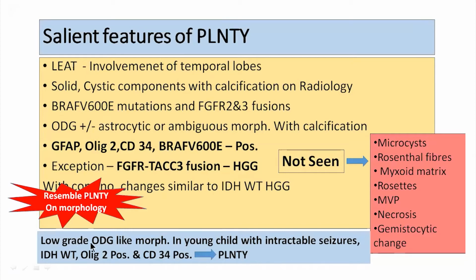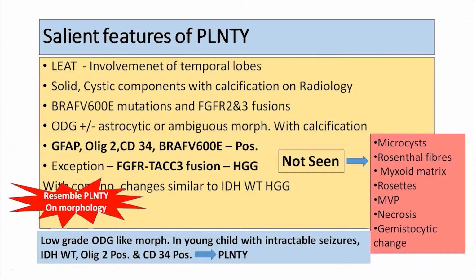Now the most important point, how to diagnose it. If we come across a tumor showing low-grade oligodendroglioma-like morphology in a young child who presented with intractable seizures, and the tumor is IDH wild type, here comes the pitfall. This is IDH wild-type oligodendroglioma. Obviously, oligodendrogliomas are very uncommon in the pediatric age group.